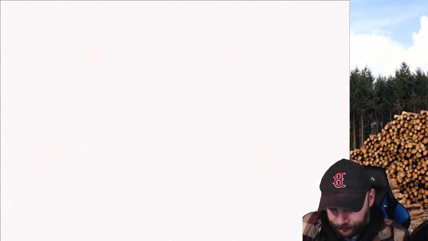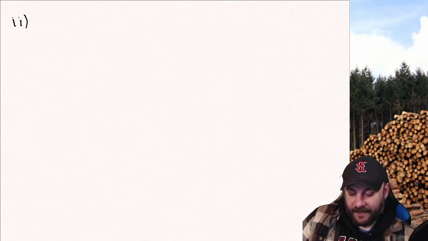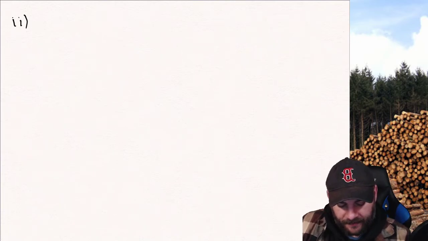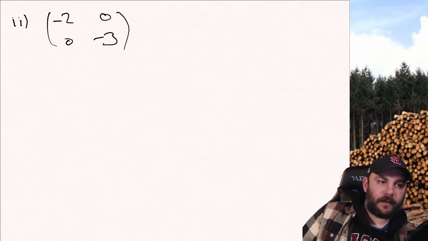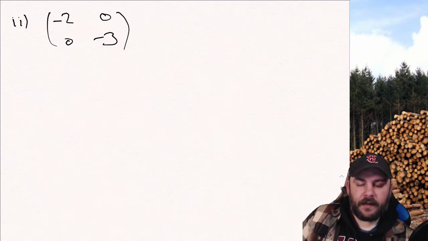Case 2. And that was where both of my eigenvalues were negative. Okay. So if I think about it this way, let's go ahead and just jump right into an example. Again, I'm using incredibly simple examples to make all the calculations easy.